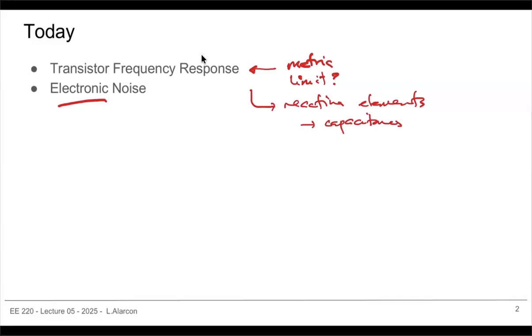But in the way we build our MOSFETs out of PN junctions, it's pretty much capacitances. So let us look at capacitances in our MOSFETs and try to understand where they're coming from, and ultimately what the characteristics of these capacitances are and how they can limit operation.